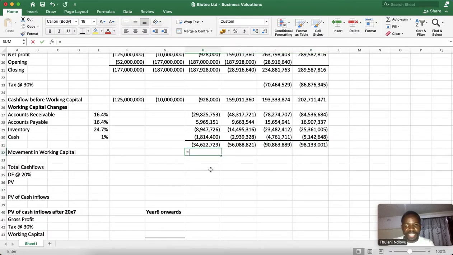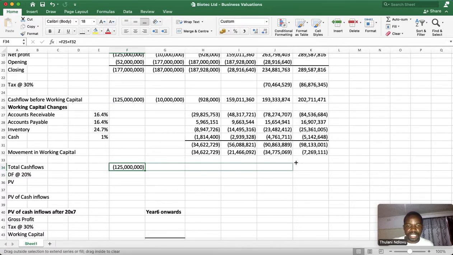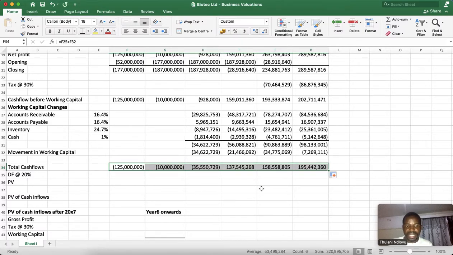Then we have our movement in 20x4. That's that. In 20x5, we'll say 20x5 minus 20x4. Then we can copy the formula there for the movement. Now we have total cash flows. The total cash flows will be total cash flow before working capital plus working capital movement. Then we get our cash flows like that.